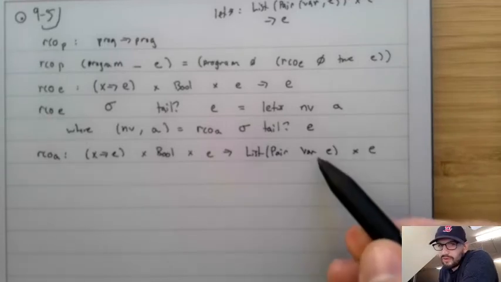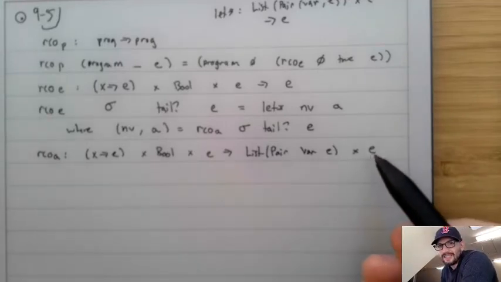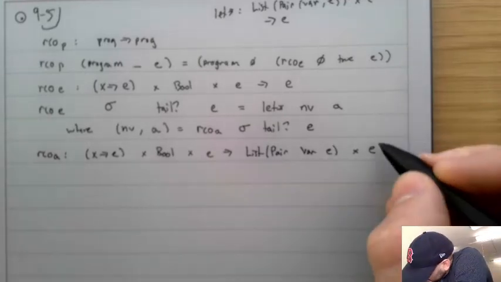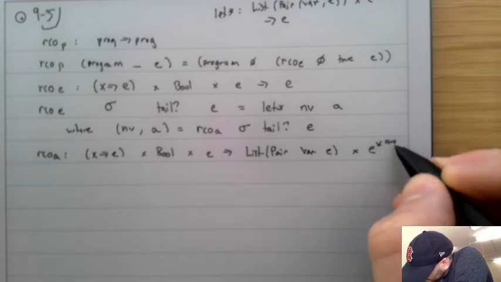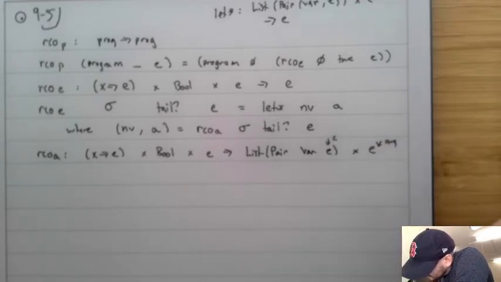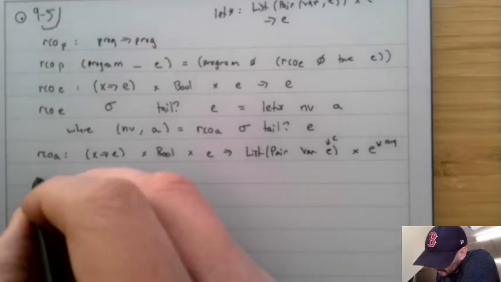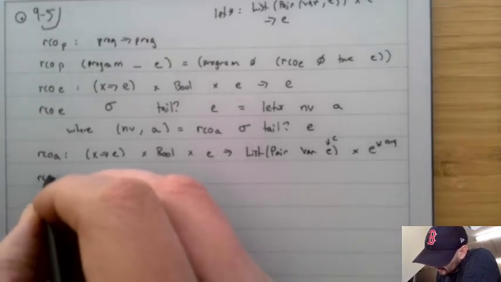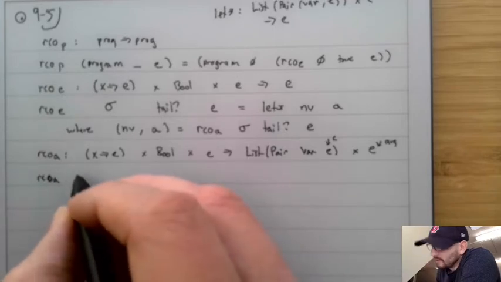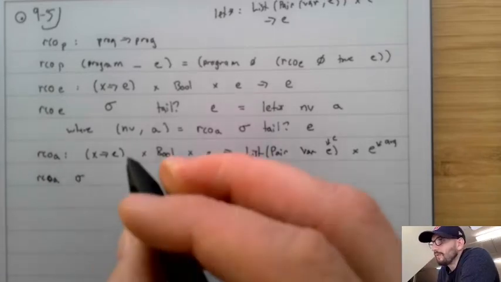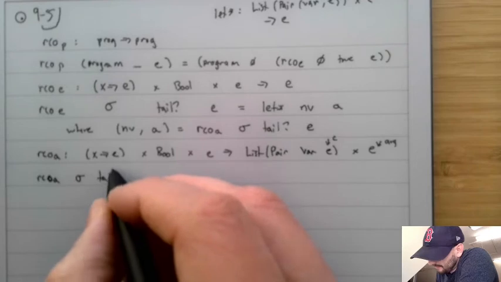So these are the new variables that are needed to evaluate this thing. And this E right there is really an arg. And this E right here is really a C, a complex. Okay, so now let's work through the cases. So we call RCOA with rho and tail.